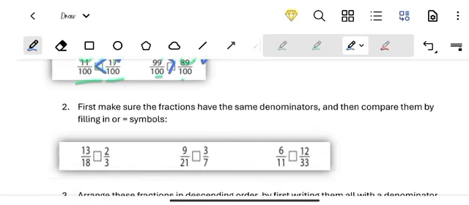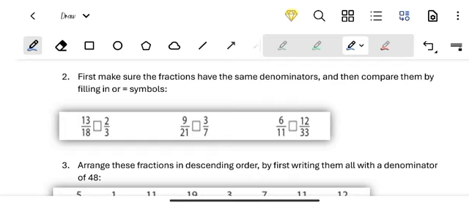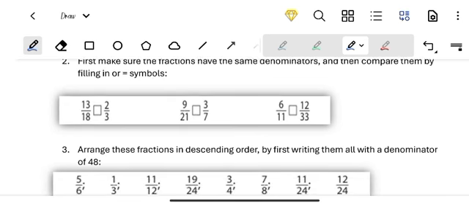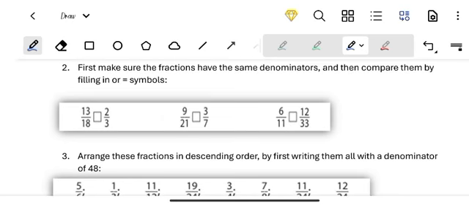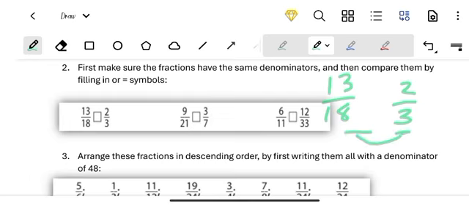Number 2 says, first make sure the fractions have the same denominators and then compare them by filling in the less than, greater than, or equal to sign. So we have 13 over 18 and 2 over 3. How do we change it? You check what happened to 3 so that we can get 18.